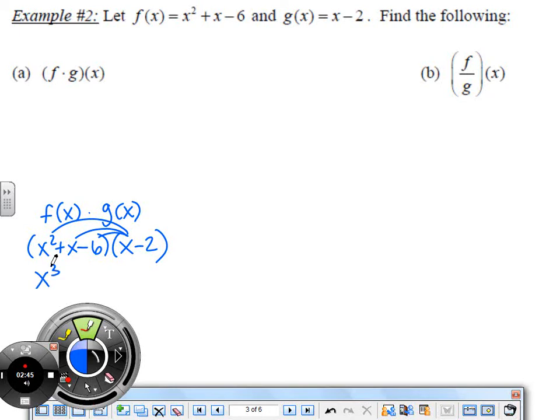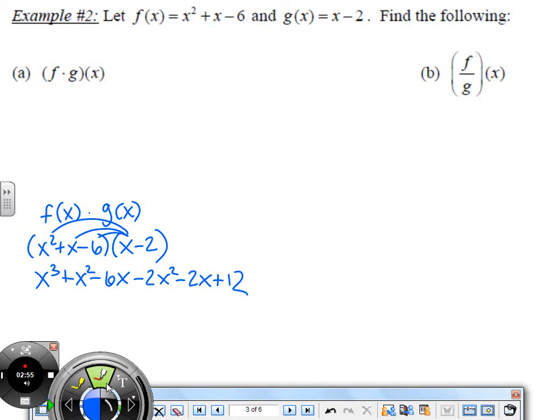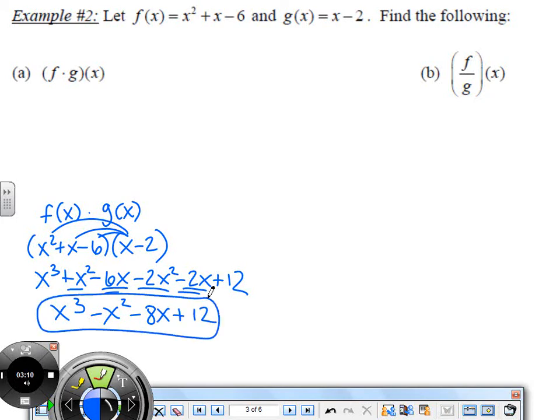So we're going to have x cubed plus x squared minus 6x minus 2x squared minus 2x plus 12. Then again, we have a lot of like terms to combine. So we have a cubic term, a quadratic term, a linear term, and our constant of 12. This new polynomial is f of x times g of x.